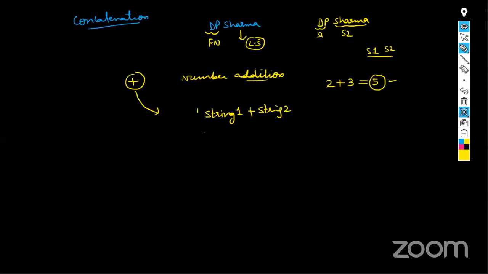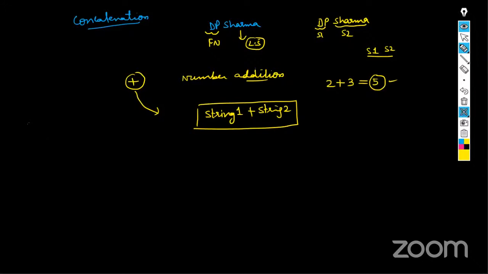So this is an overriding of the plus operator. By default plus adds two numbers, but when Python sees strings before and after the plus, it understands that the user wants to concatenate two strings rather than add two numbers.